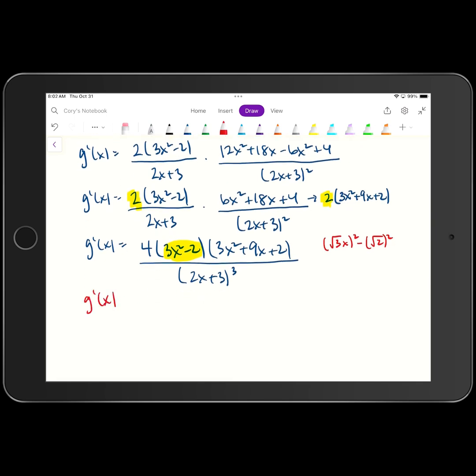G prime of x would be equal to 4 times rad 3 times x plus rad 2 times rad 3 times x minus rad 2. I cannot factor the quadratic 3x squared plus 9x plus 2, so we're going to leave it as so.